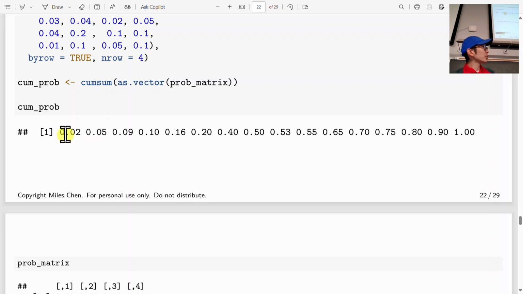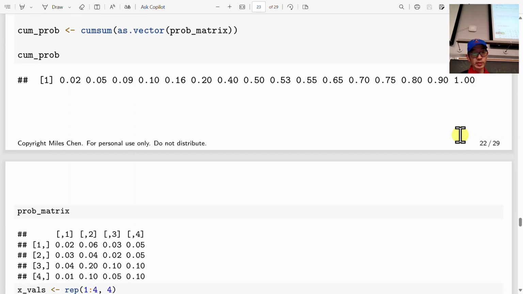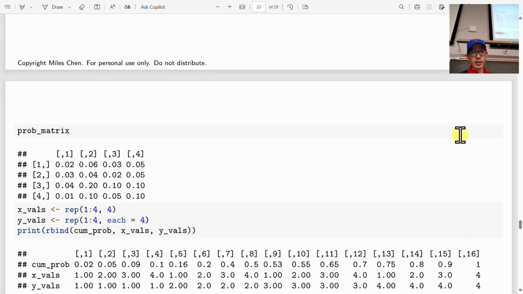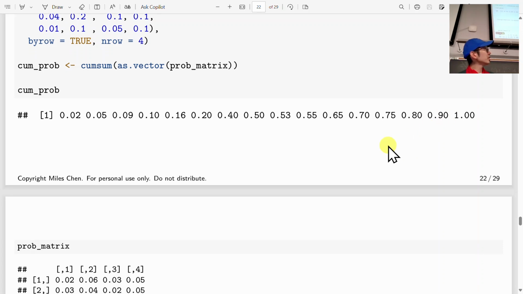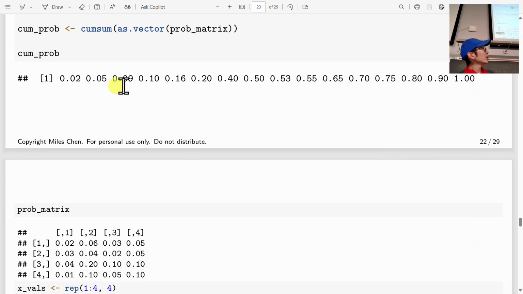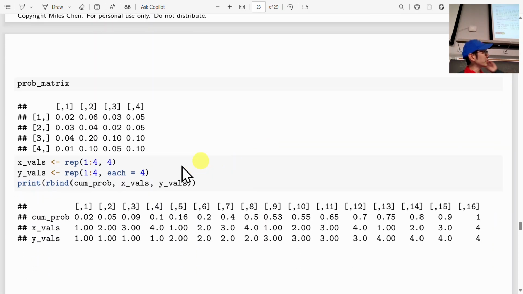Basically all of these correspond to the different cutoffs. If a value is between 0 and 0.02, it'll correspond to 1, 1. Between 0.02 and 0.05 will correspond to 2, 1, and so on, until we get to between 0.9 and 1.0, which will correspond to 4, 4. Then we need to map all of these into what the x and y values are going to be.